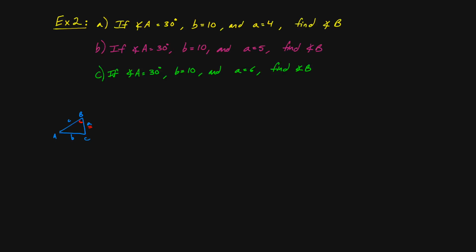So this is part A's work. If I'm trying to find angle B, I'm going to use sine of A over a equals sine of B over b.